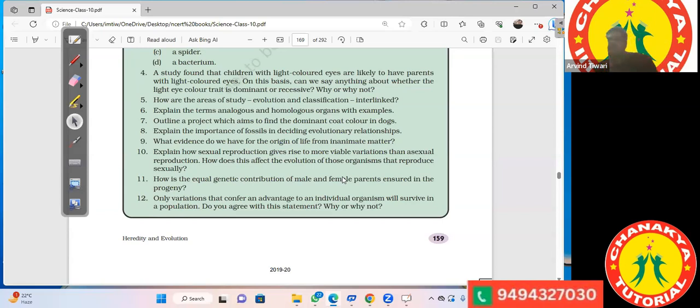Srilasya will answer this question. Think of the question about this study: a study found that children with light colored eyes are likely to have parents with light colored eyes.